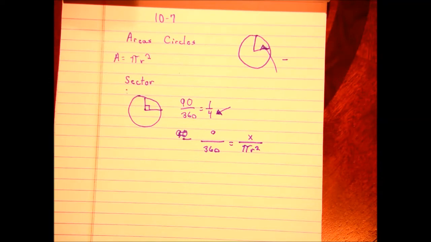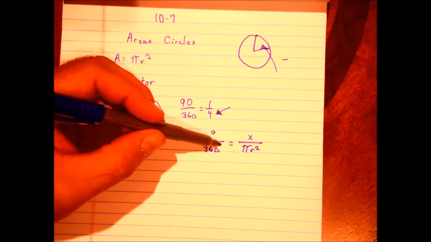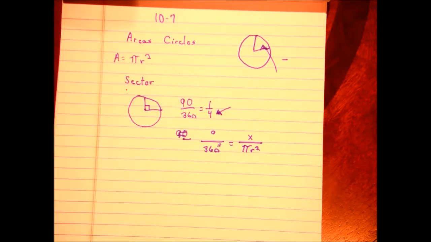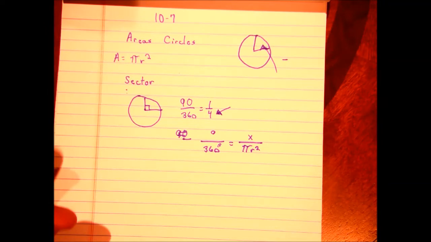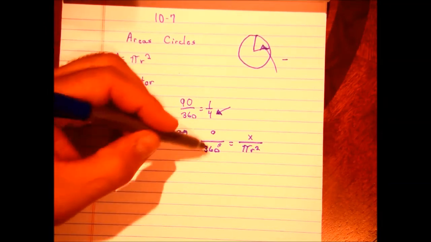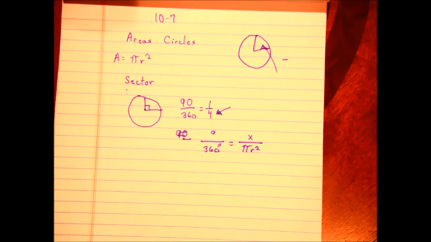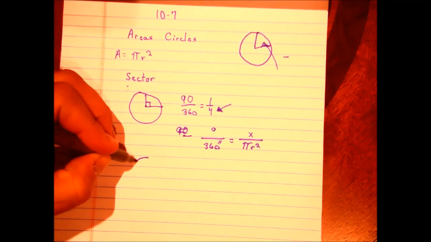So you would use the area formula here. You're going to have a degree measurement from 360 degrees. We're going to cross multiply and solve. Easy enough. Finding a sector is pretty simple. It's the area of the circle, and then whatever the degree is, you're finding that percentage.